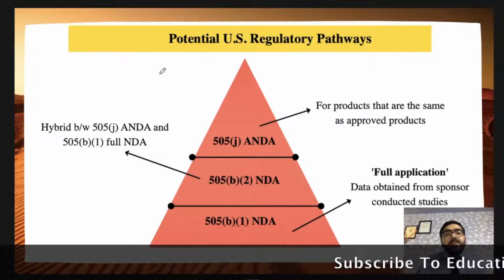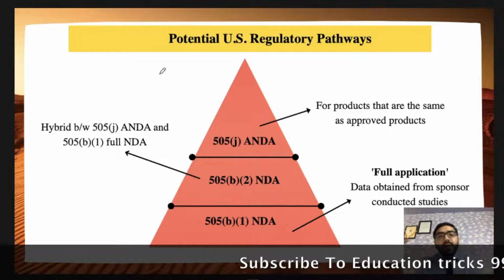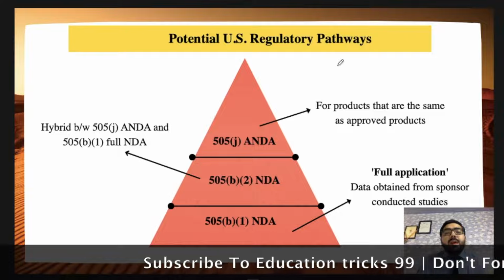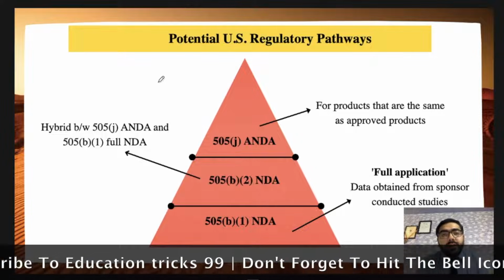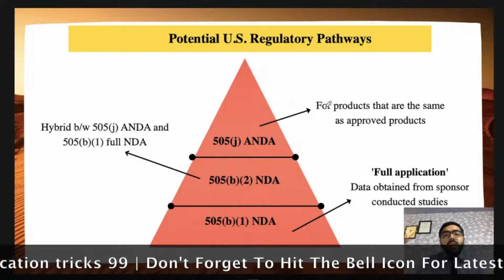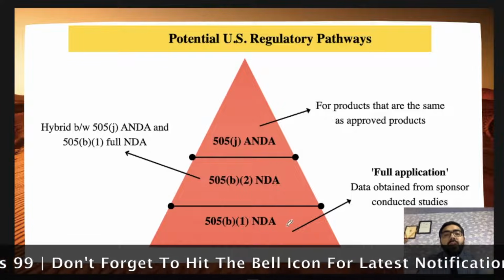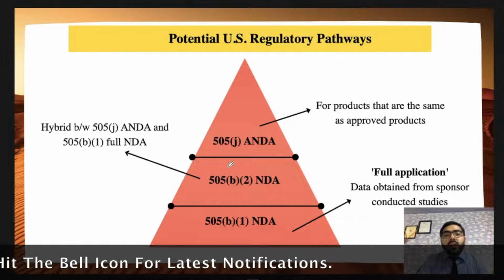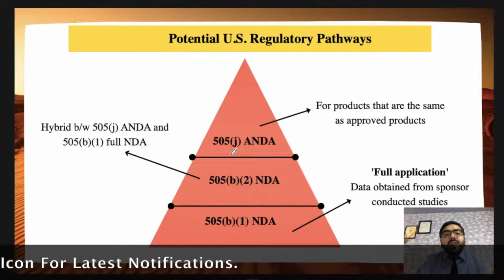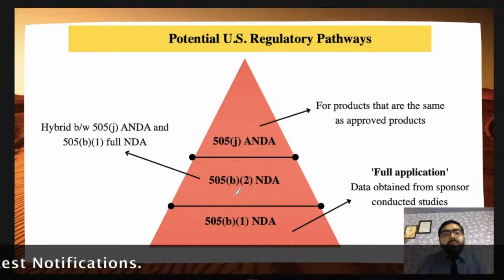Now coming to the potential US regulatory pathways. What are the different regulatory pathways? There are three pathways by which we can market our product: 505(j) ANDA, 505(b)(2) NDA, and 505(b)(1) NDA.